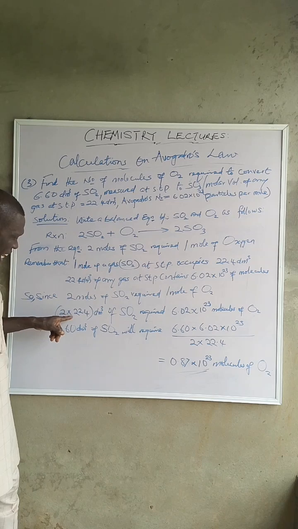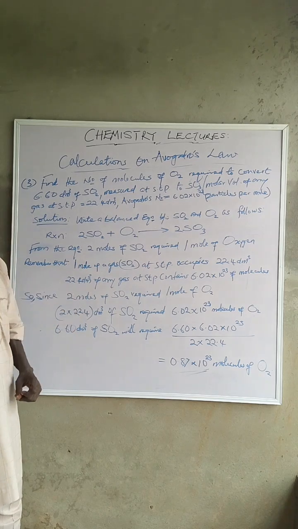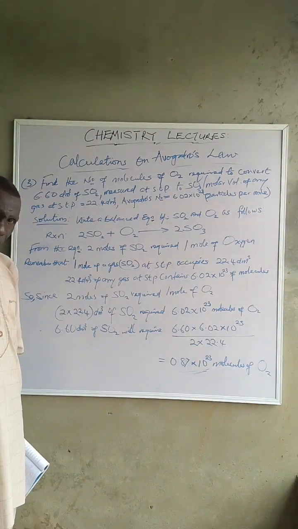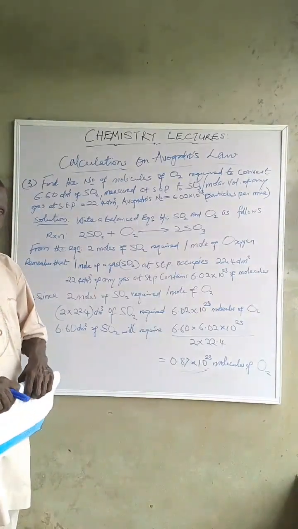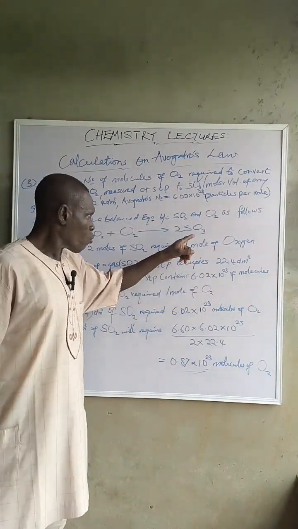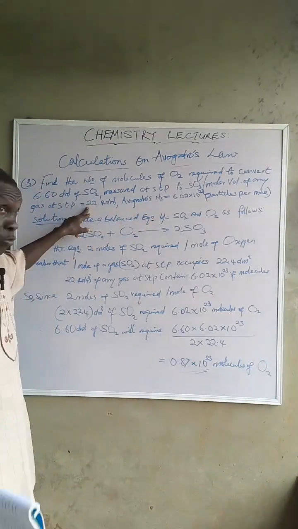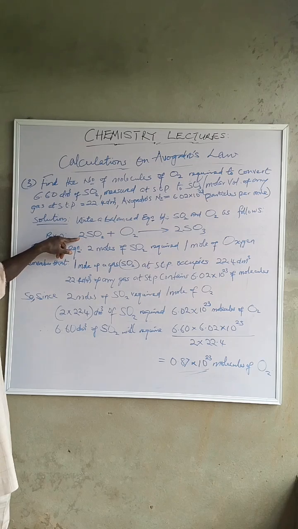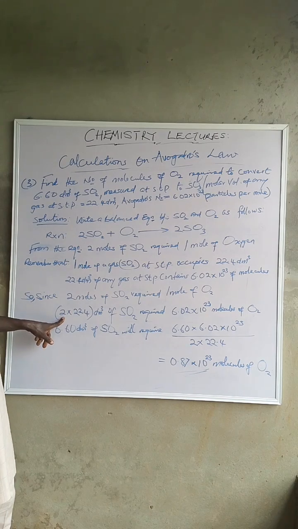Why is it 2 times 22.4? Because we said 1 mole of a gas at STP will occupy 22.4. Just 1 mole. But here we have 2 moles of it. Can you see why the 2 is coming up now?